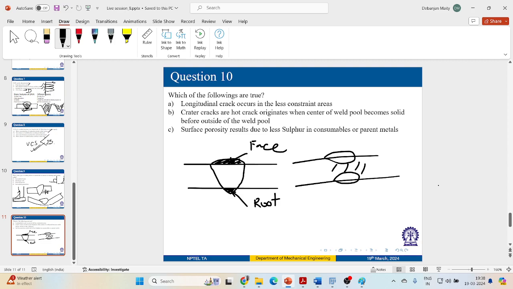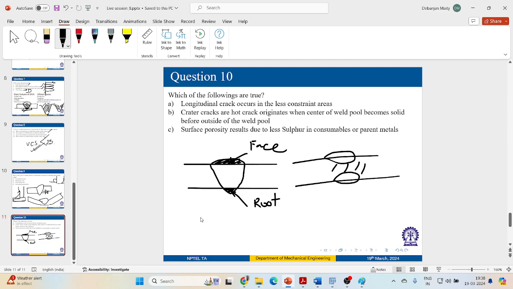Depending on where your cracks are getting generated, at what location, at what position, at what direction, you can name those cracks. Like for a transverse crack, your crack will be running inside your weld, transverse to the weld line direction. At the same time, what is a longitudinal crack?